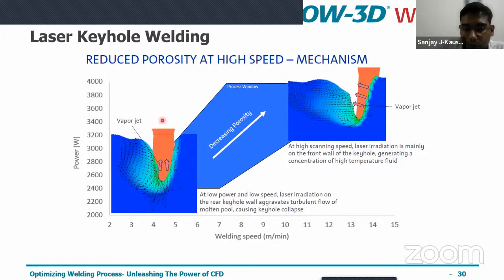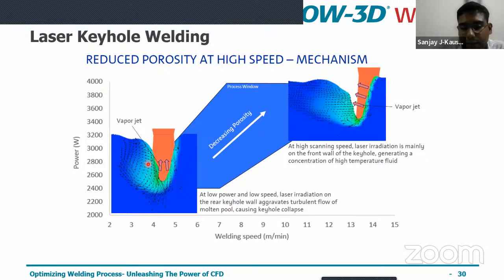Whereas when the laser is perpendicular in direction, the vortex has a very high intensity, and this traps the bubbles or the voids that are getting formed. Here, the laser irradiation is actually on the front of the metal pool. But here, you can see the laser irradiation is exactly below the laser effect.